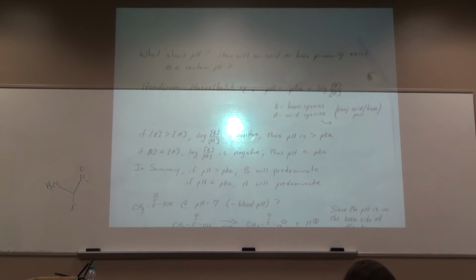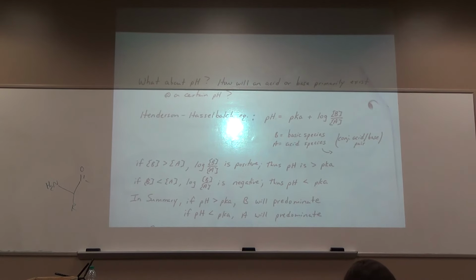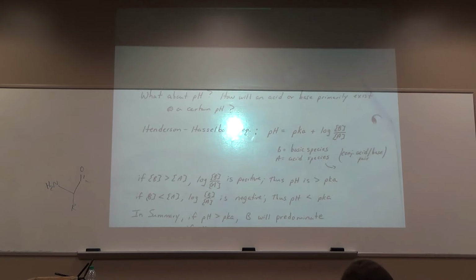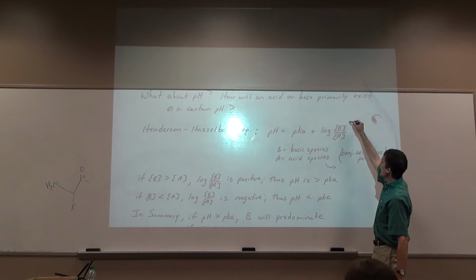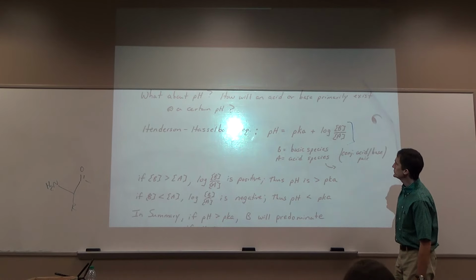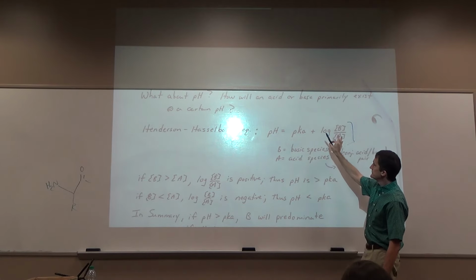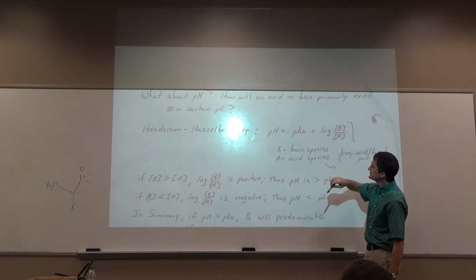Okay, you can go all the way through this. In biochem, usually you derive this equation, or you used to. You can derive it and see how you come to this conclusion. Basically, we have some unknowns.